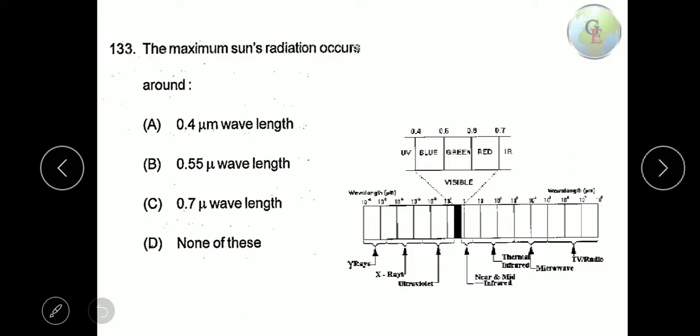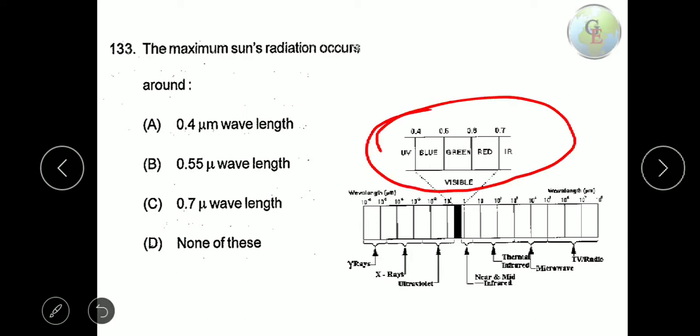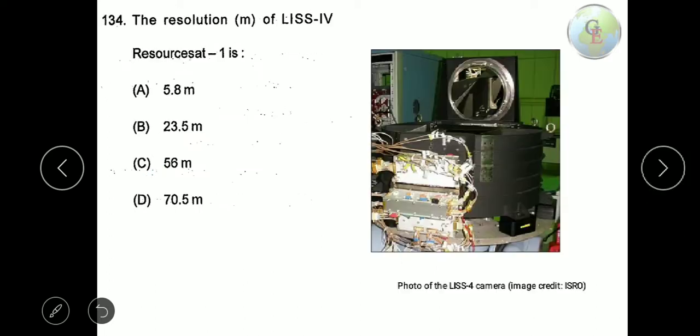So maximum occurs, as you can see here, in the visible part, which we can see. The earth receives more of the visible part, and it will be 0.55, near here will be the maximum radiation. So the answer will be option B.